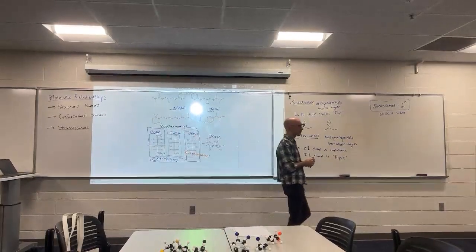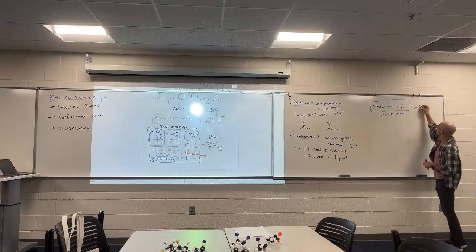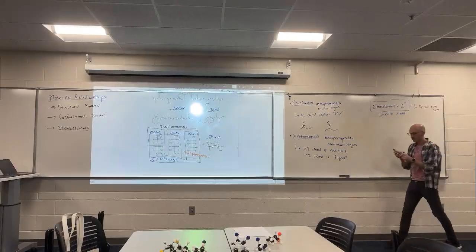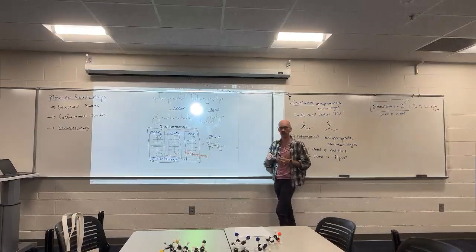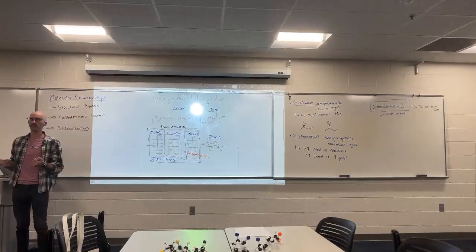No, it's never that easy. You have to subtract 1 stereoisomer for any form that is meso.